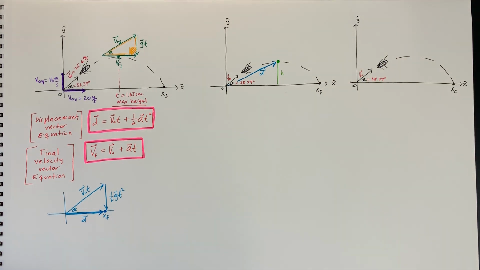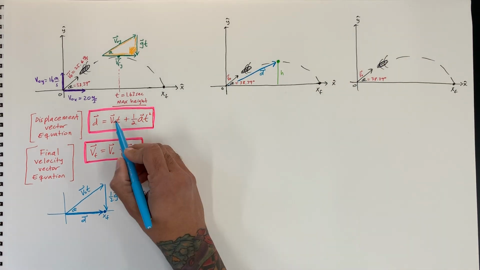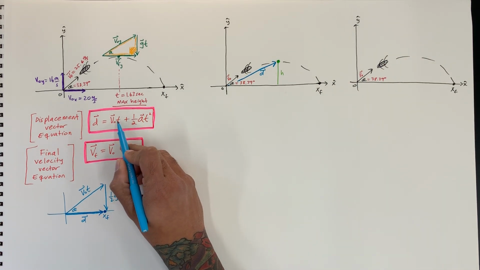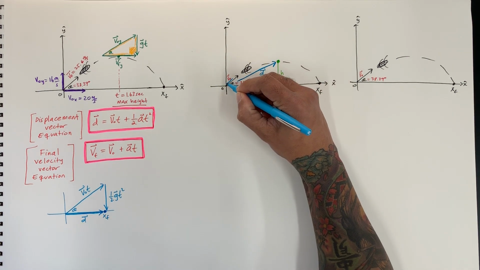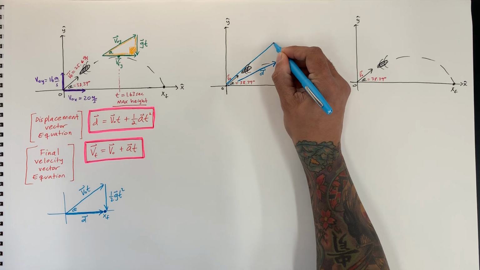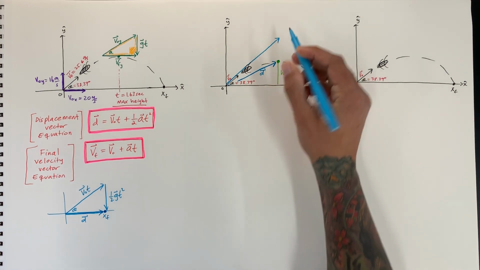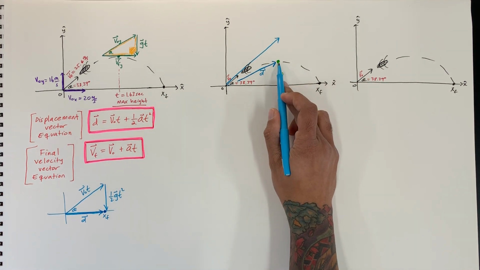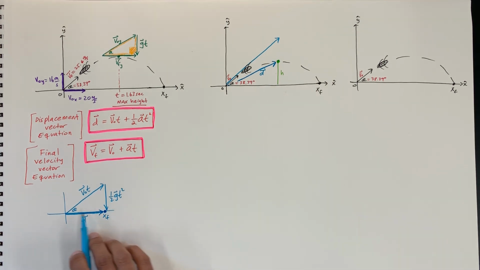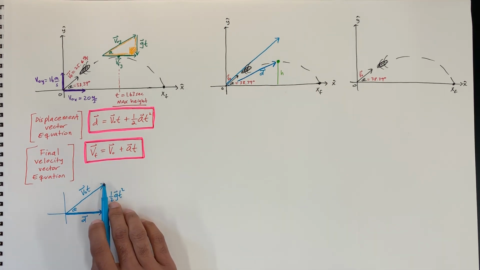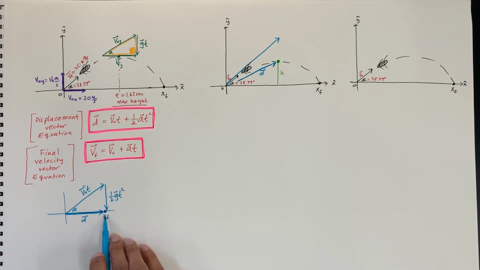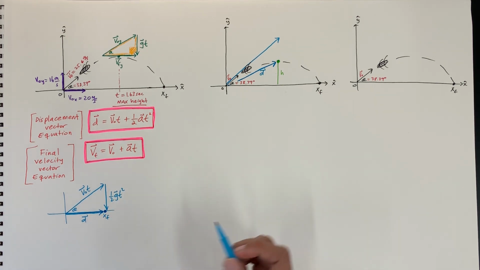Okay, and so in this next term here, we need the initial velocity times time vector, which follows the original initial velocity and goes above the position that we're interested in. Just like here, we followed the vector all the way up until we were vertical on the final position that we were interested in.